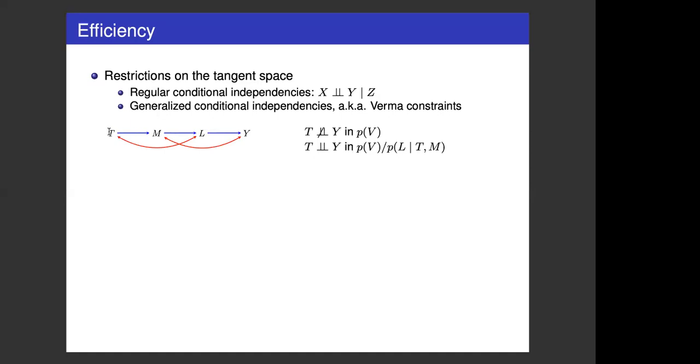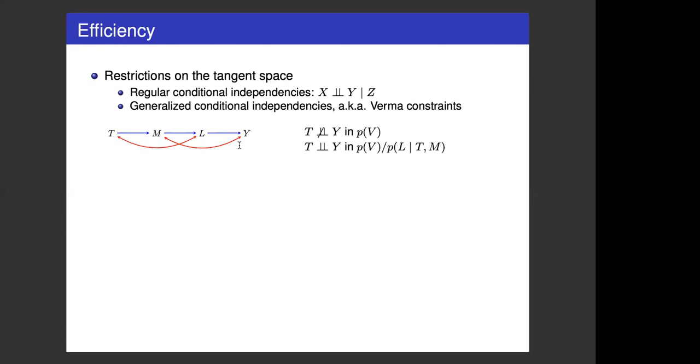Here in this ADMG, we can see that T is marginally dependent on Y, and there is no conditioning set that would make T independent of Y. How do I know that? We can read off conditional independencies on ADMGs by what's known as m-separation. It's a generalization of d-separation that I mentioned on DAGs. I'm not going to explain m-separation, but I'd appreciate it if you just trust me that this is the case here.